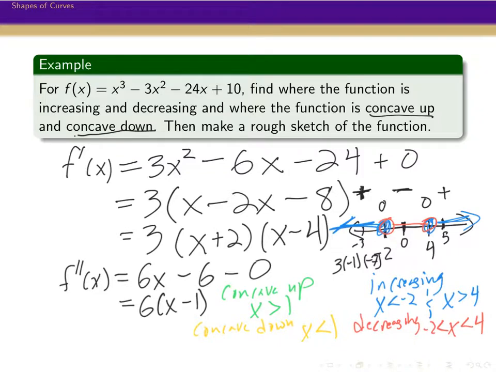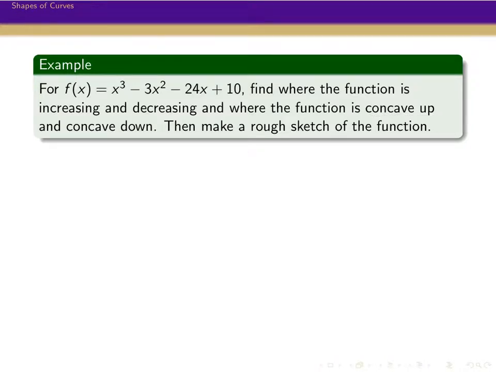Okay, so let's piece this together. So we have that it's increasing when x is less than -2 and x is greater than 4, decreasing between -2 and 4.